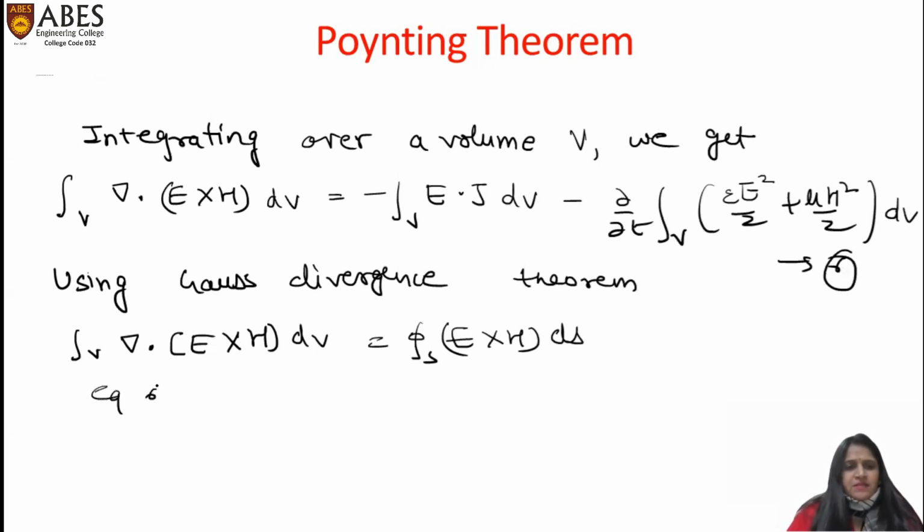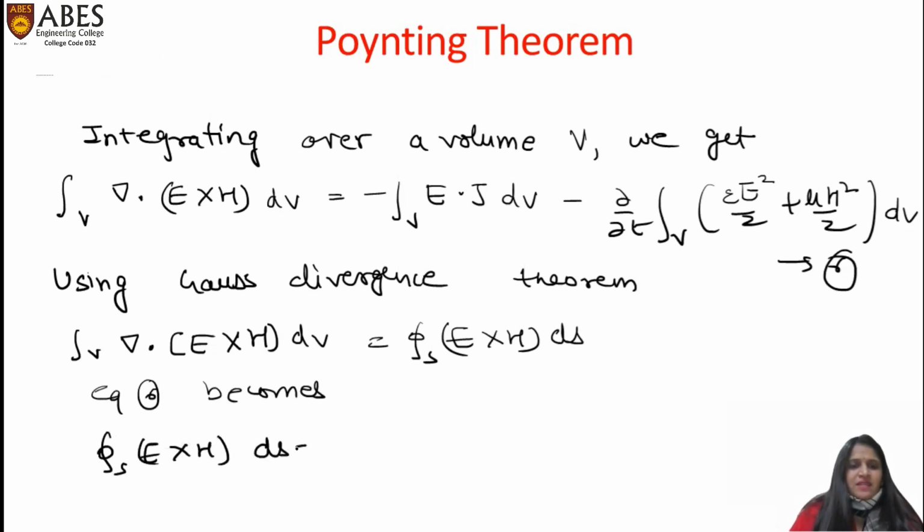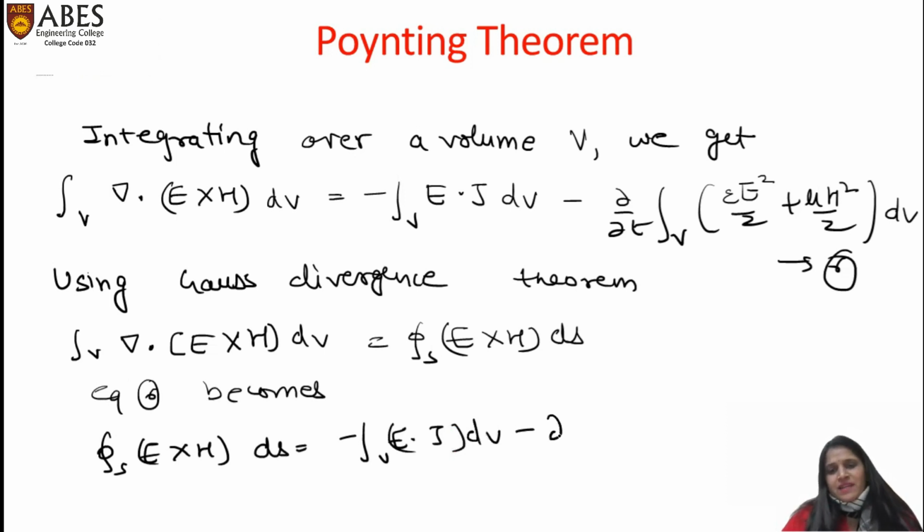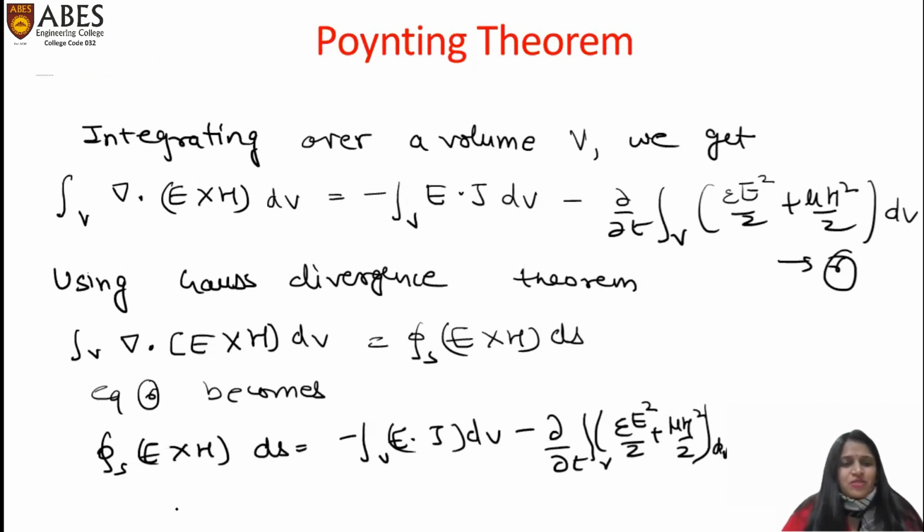So equation 6 becomes surface integral E cross H ds is equal to minus volume integral E dot J dV minus del by del T volume integral epsilon E square by 2 plus mu H square by 2 dV. Okay, so this is nothing but equation number 7.